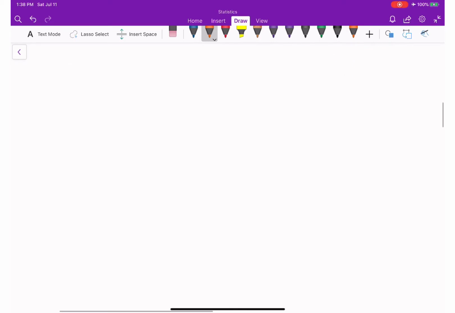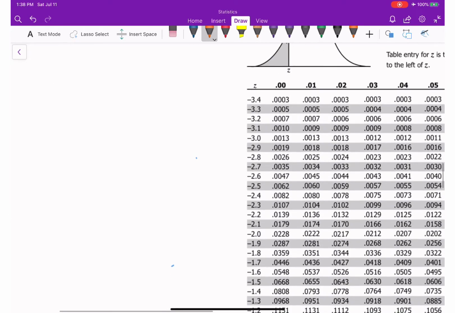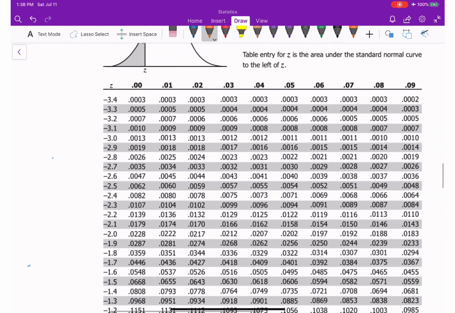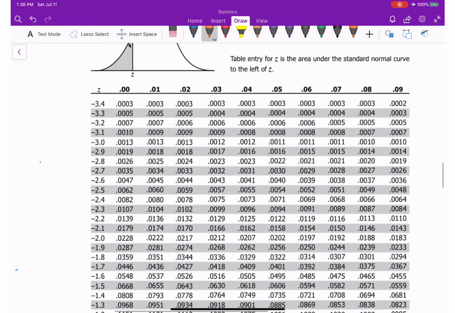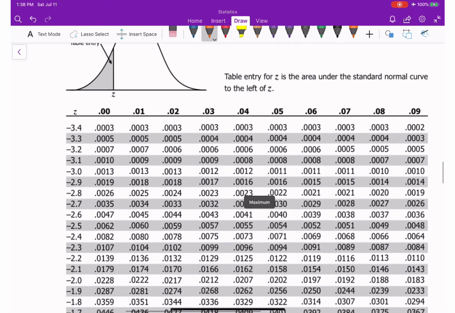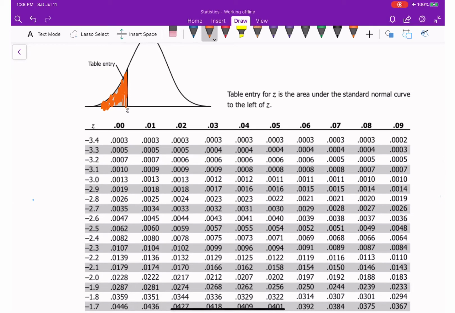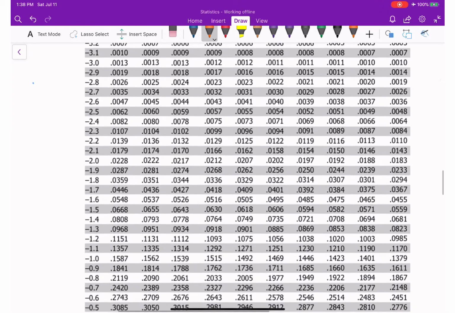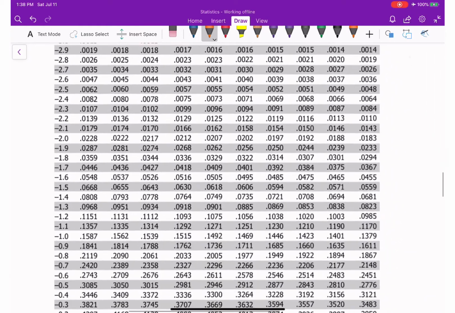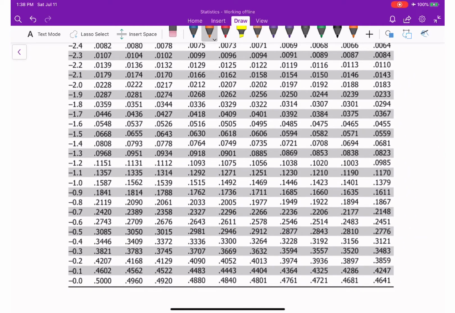The table has 2 pages. One page shows negative z-score, another page shows positive z-score. Here it shows that it's the left tail table, see, table entry. So for negative 0.5, it's right here.